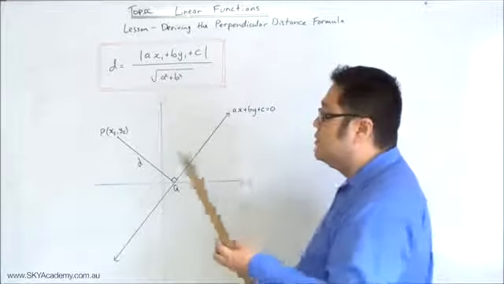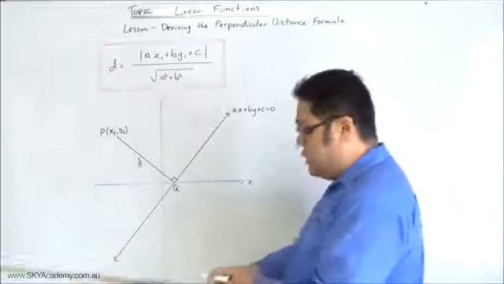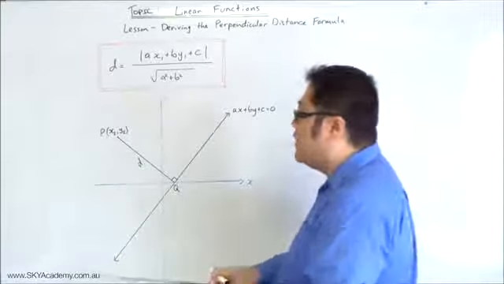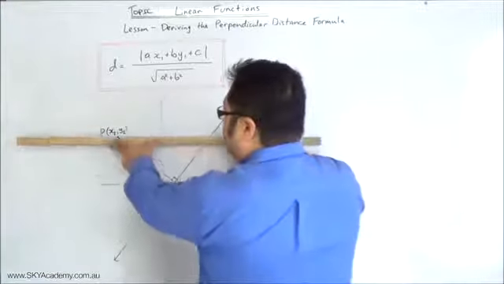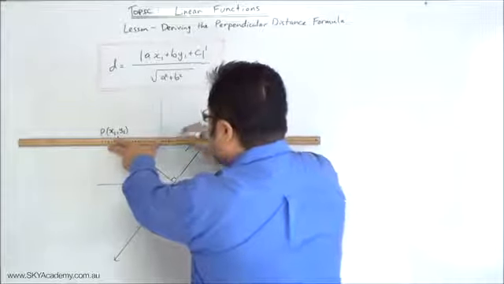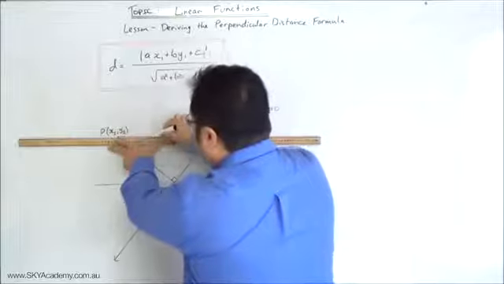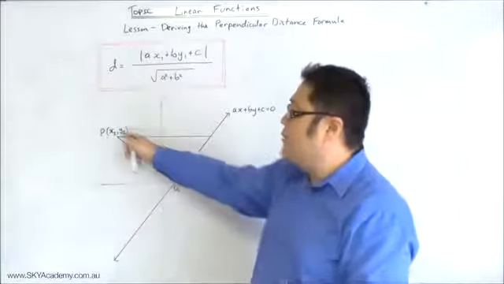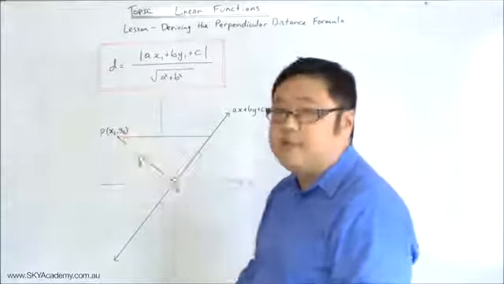Here's what we do first. We extend a line horizontally, or parallel to the x-axis, all the way to the line, okay? Now, the y-coordinate of this point is y1. Do you see that?